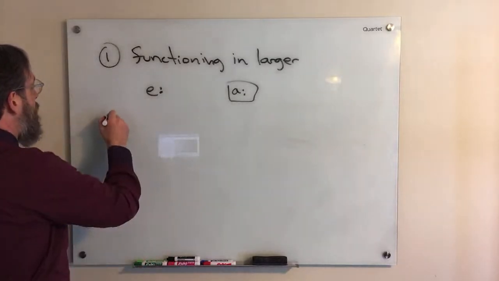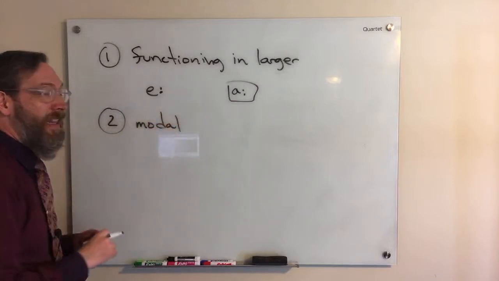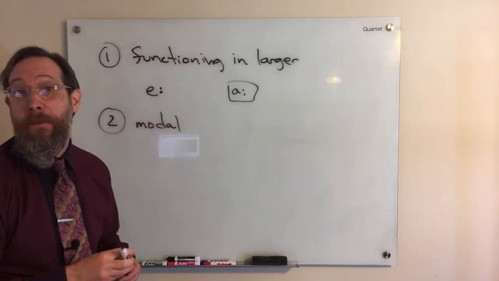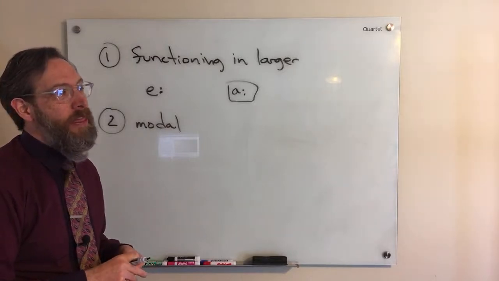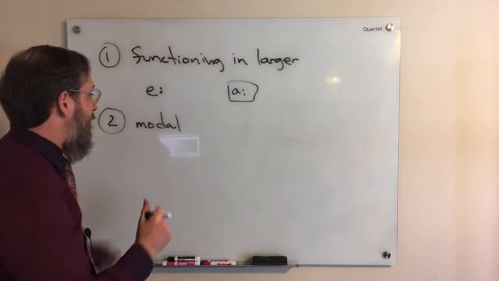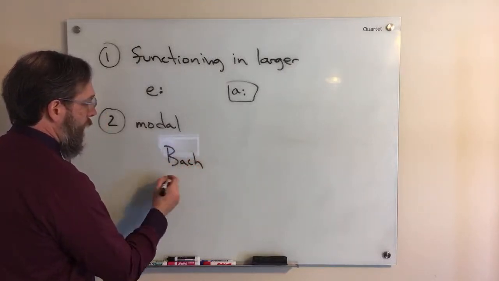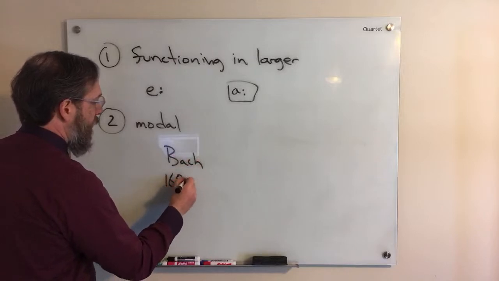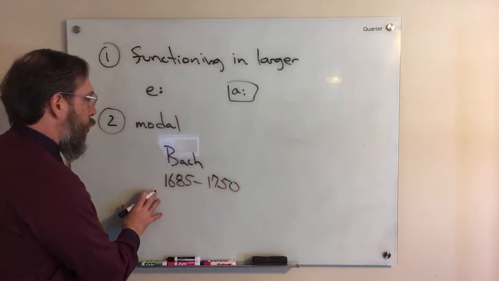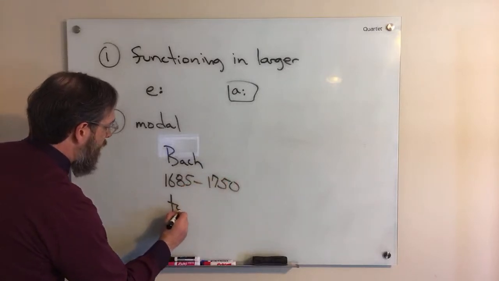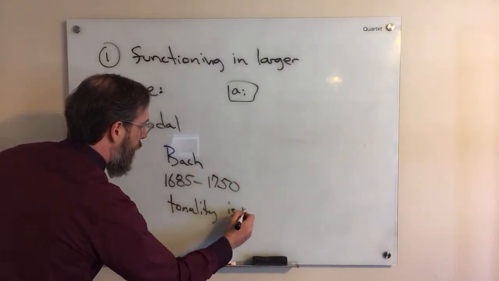So the other option is that it's modal, meaning that it's not your traditional A minor, it's more of a modal minor. And I think what you have to remember is that when we're talking about Bach, we're talking about 1685 to 1750, and tonality is new.